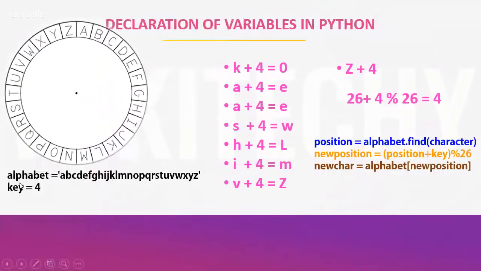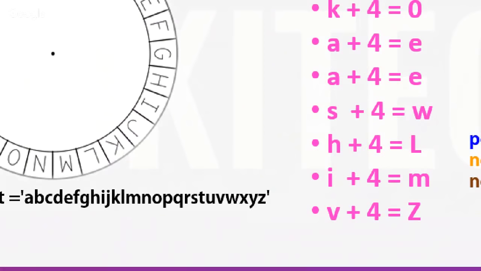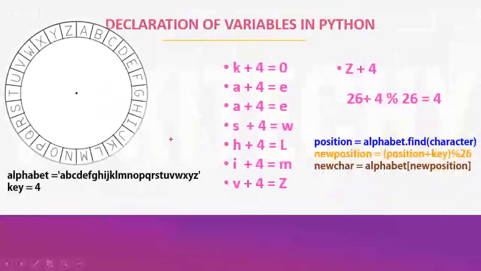Over here, you're able to see my alphabet is here and my key is here. Now there is a simple piece of code I'm writing to find the position: alphabet.find(character). So I'm finding the position of the character K here. For this position, I've added 4: 1, 2, 3, 4, so O is the value.